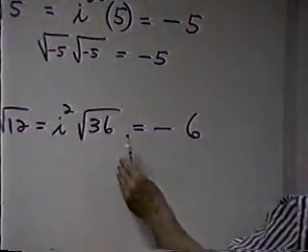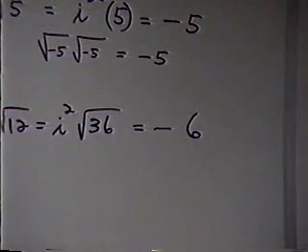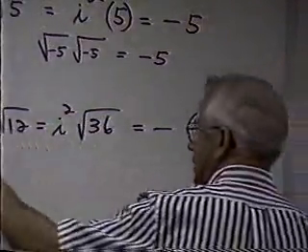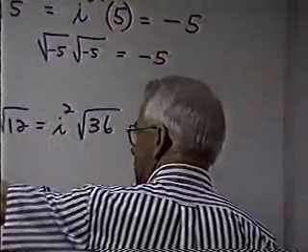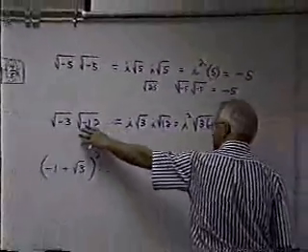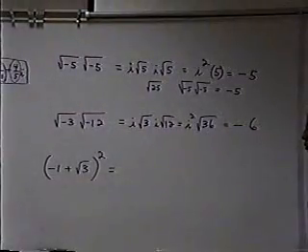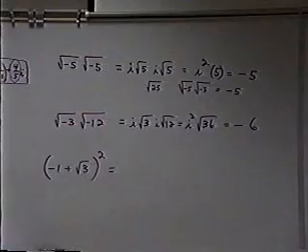The square root of 36 gives us 6. Okay, so we have to be careful of that. So what I'm saying to you basically is if you have square roots of negative numbers, you get rid of that minus sign by putting an i out from the square root. And then you work with whatever's left underneath the square root sign. Okay, next one.